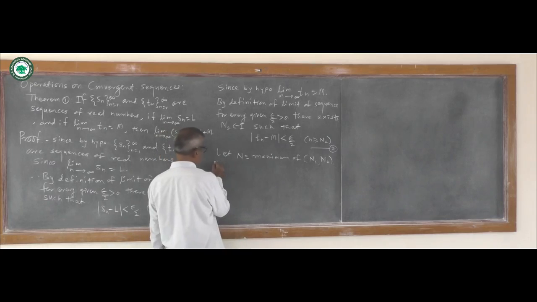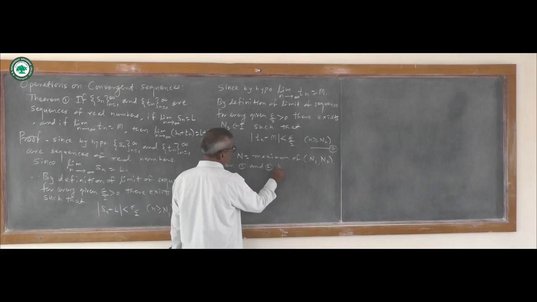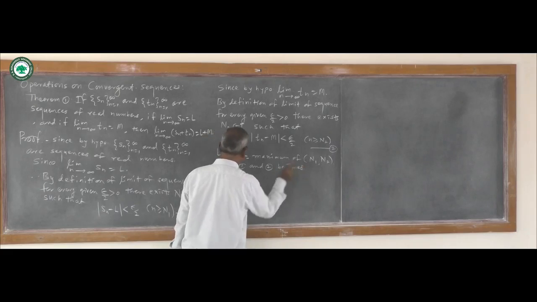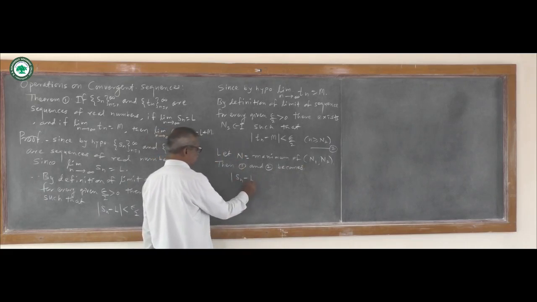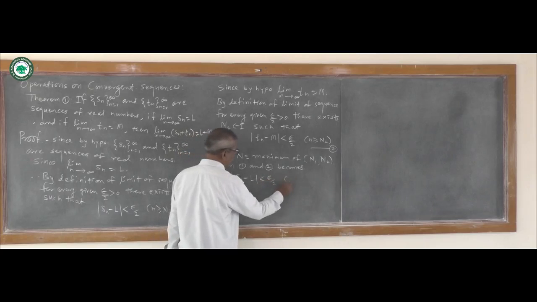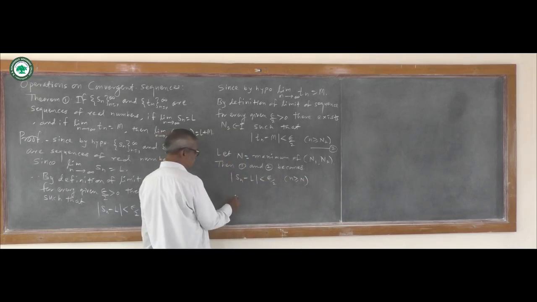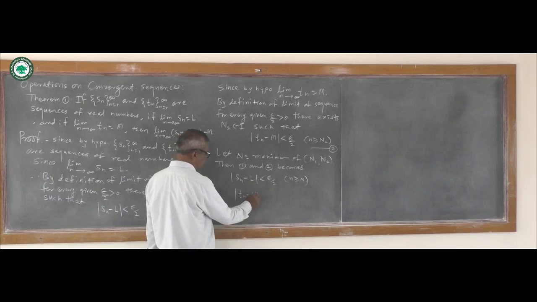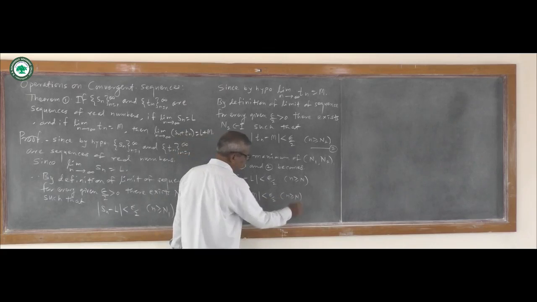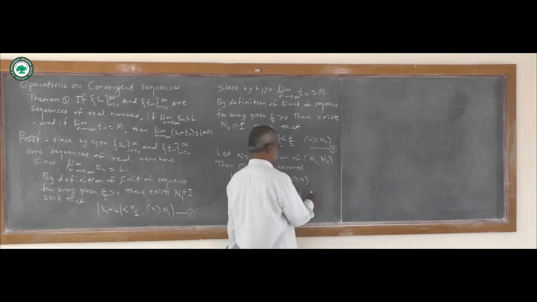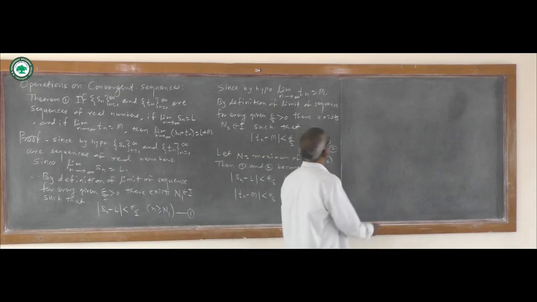Then relations 1 and 2 become modulus of Sn minus L less than epsilon by 2 for all n greater than or equal to capital N, and modulus of Tn minus M is also less than epsilon by 2 for all n greater than or equal to capital N. These are relations 3 and 4.